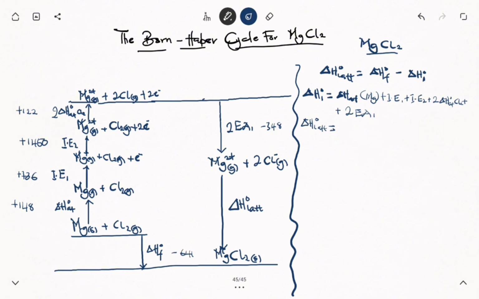All right, so let's put all these values into the equation. So enthalpy of formation minus 641 kilojoules per mole, and then we'll go ahead and subtract. So we are subtracting this. Let me put a square bracket here. Now, atomization of magnesium is plus 148. Then I'm going to add this to the first ionization energy, which is plus 736.